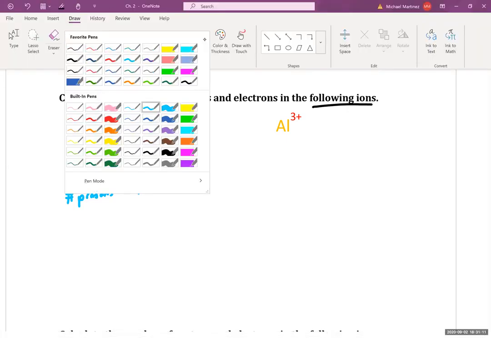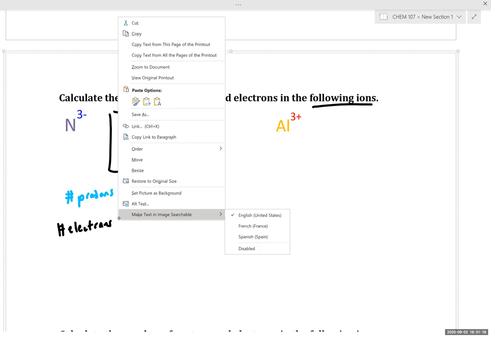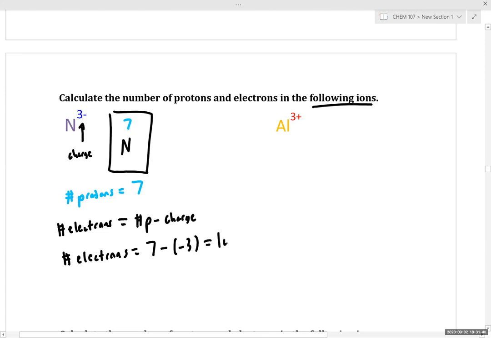So then if I wanted to calculate the number of electrons, all we do is take the number of protons minus the charge. So the number of electrons is equal to 7 minus our charge, which in this case is -3. And that gives us a total of 10 electrons.